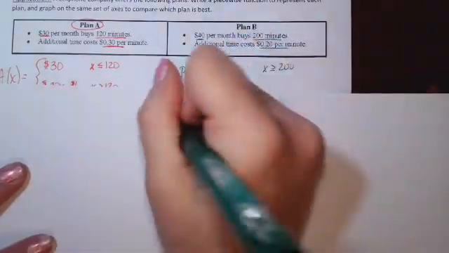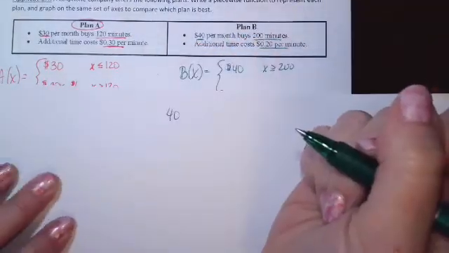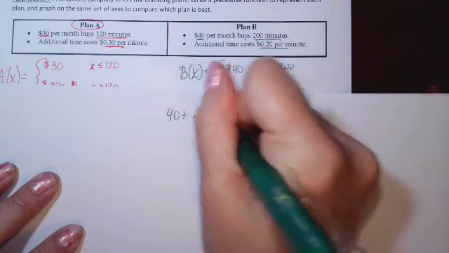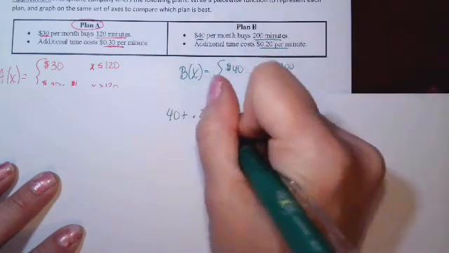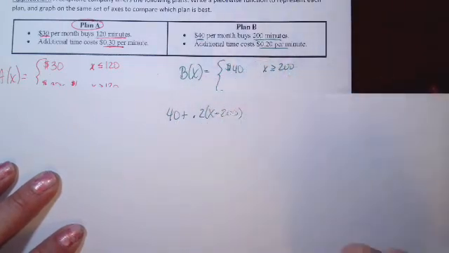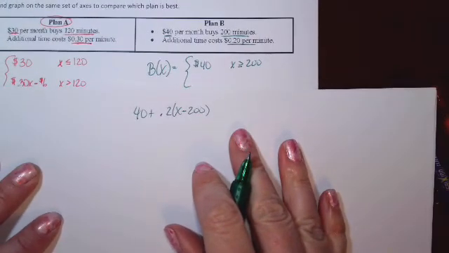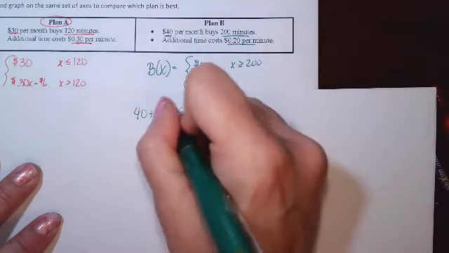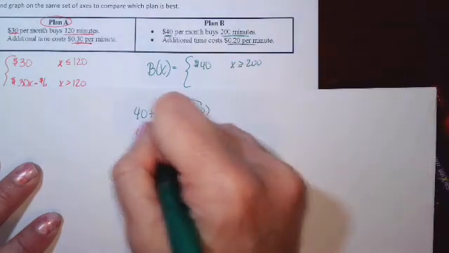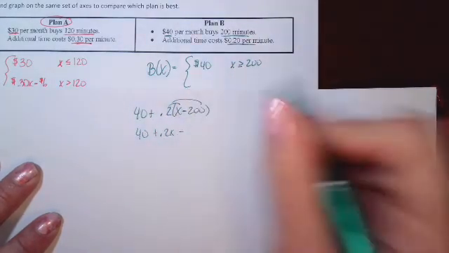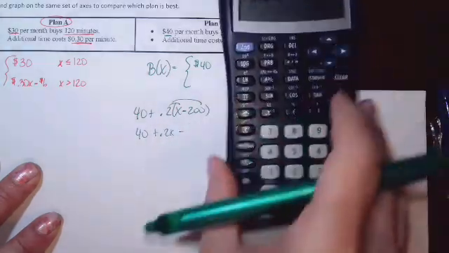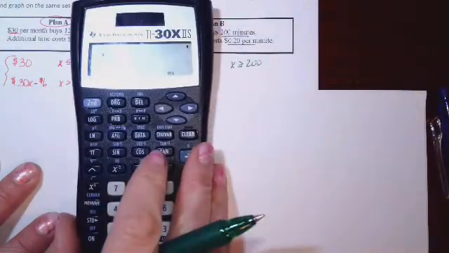It would cost $40, and then it's going to cost an additional 20 cents a minute after that 200 minutes. So I need to figure out what's going to happen after 200 minutes. So I'm going to distribute that, and I have 40 plus 0.2x minus, well, when we get decimals into it, let's just be safe.